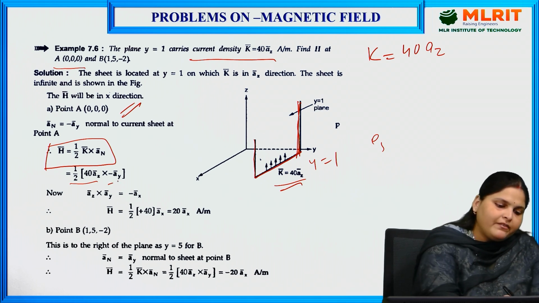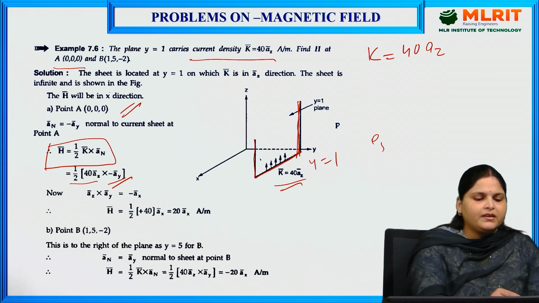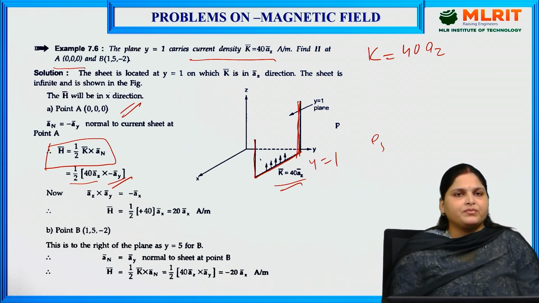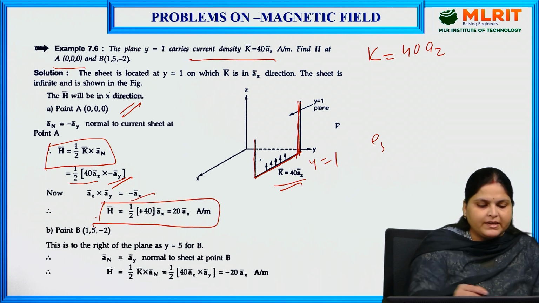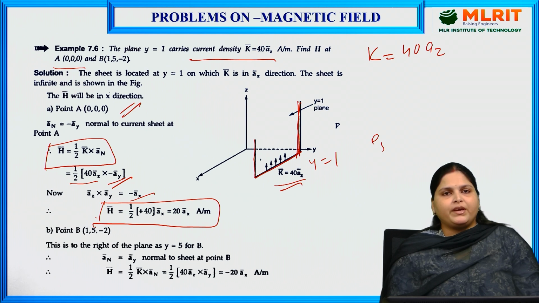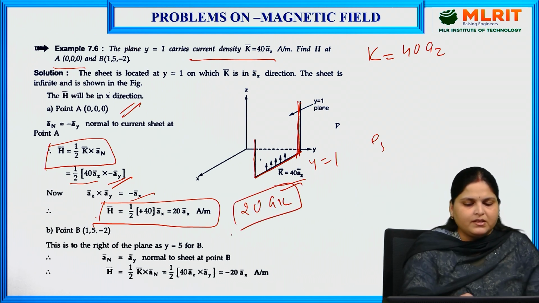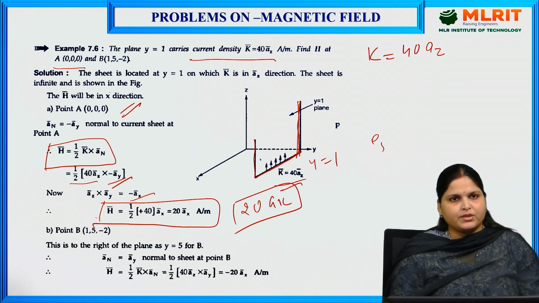So this Ay will become minus Ay, right? And here the cross product of Az and Ay will be there, and this becomes minus Ax. Then we put it into this H, and we get H as 40 by 2 Ax, or 20 Ax. This is the field due to this sheet charge on point 0, 0, 0.